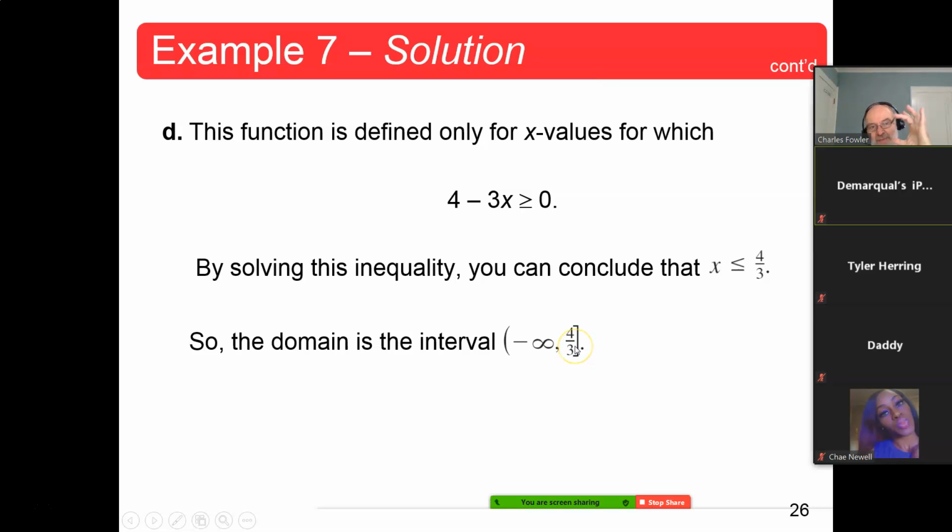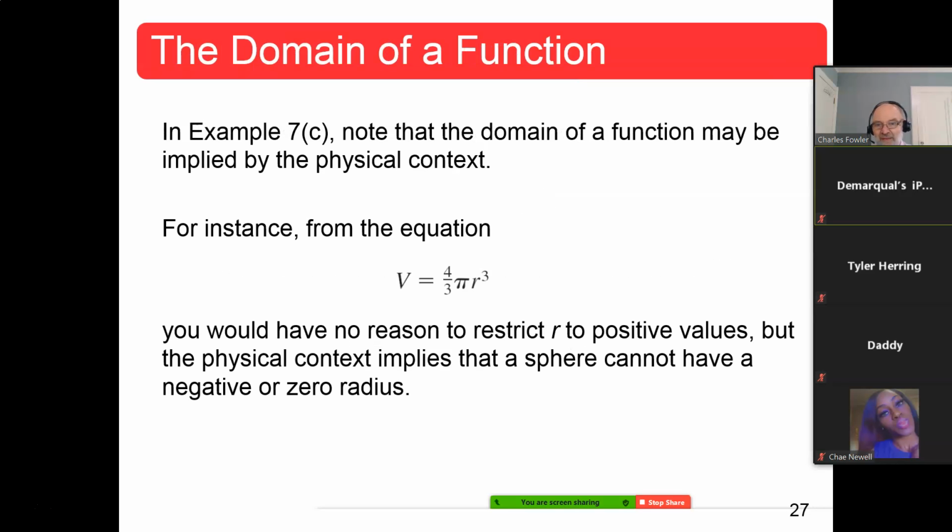So you put the square bracket there because you have an equal sign there. Not just a less than, also an equal there, so you put the square bracket there. Does that make sense? Sometimes they put that in, sometimes they don't. But if you put the interval notation, be sure you use the right symbol.